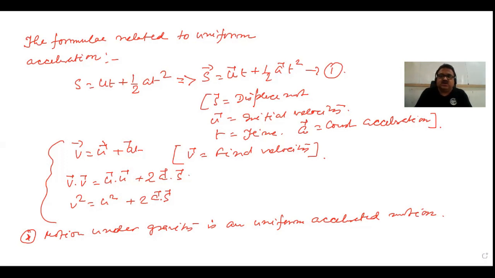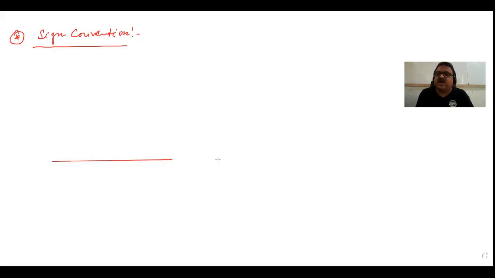So let me tell you something, correct? The thing which you have to keep in mind is this. That is called sign convention. Actually, you don't have to remember it. It is very usual and you people are quite familiar with this. For example, look at this. This is the level from which I am throwing anything upward or downward, correct?